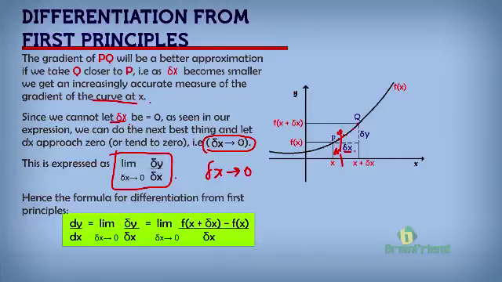And we have our slope, remember, as f of x plus delta x minus f of x all over delta x with delta x tending to 0. This is the fundamental formula of the first principle of differentiation.